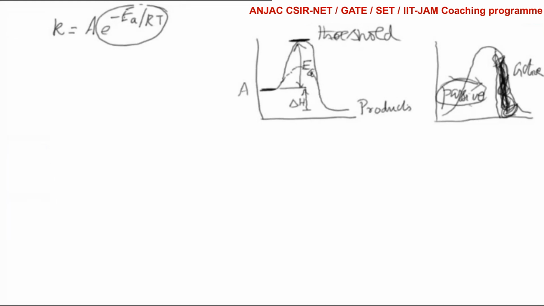Therefore, more molecules go to the active state, and we get a higher rate of reaction. Now the rate constant of the reaction depends upon two parameters, Ea and temperature.